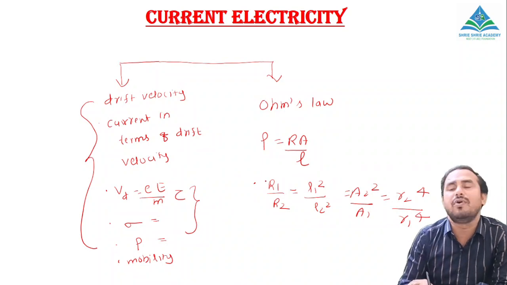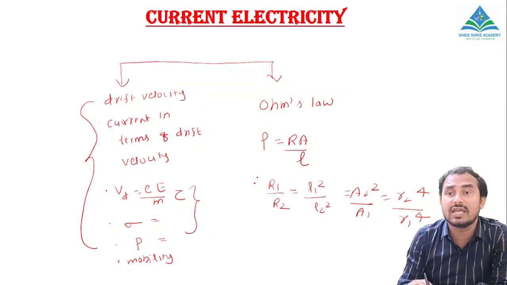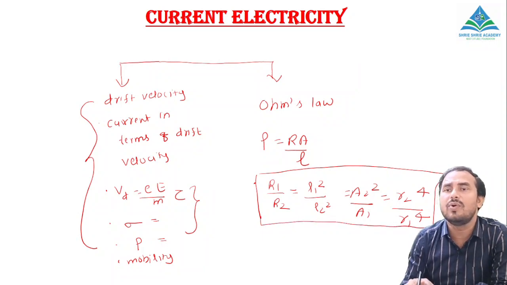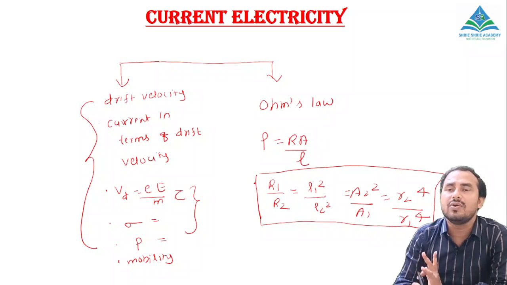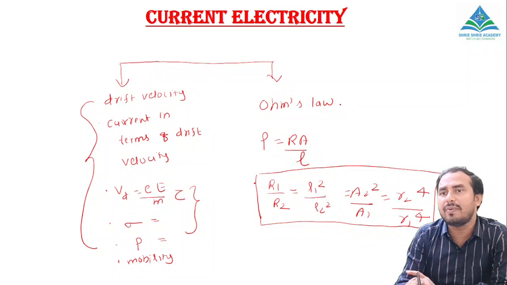Actually this is very important. When a wire is stretched, resistance will get affected, but resistivity will not. There are two different situations. In one, you are just cutting the wire. When you are cutting the wire, resistance is directly proportional to length.